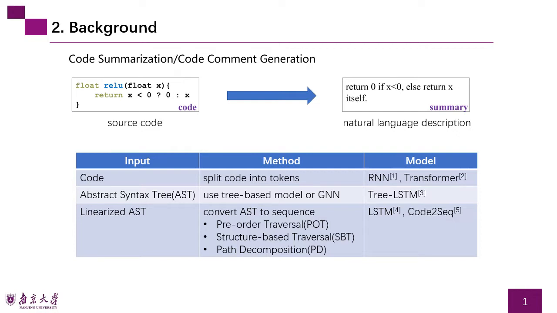Also, the AST can be treated as tree structure data and use tree-based models such as tree-LSTM or GNN to process. There are also some methods to linearize AST, such as classic pre-order traversal, structure-based traversal, and path decomposition, which was proposed in Code2Seq in 2019. After the linearization, the AST data can also be processed by sequence models.